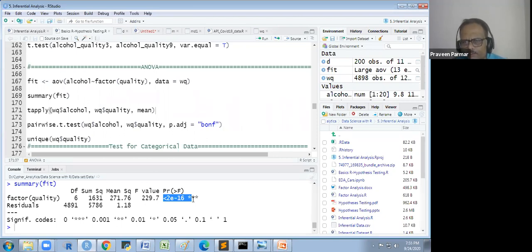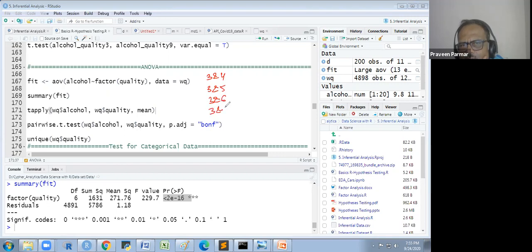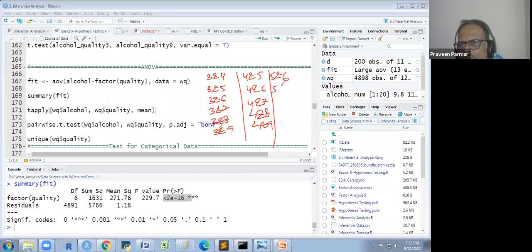We have so many groups here. We have wine quality 3, and it starts from 3 and 4, 3 and 5, 3 and 6, 3 and 7, 3 and 8, 3 and 9. So that is 6 groups. Then 4 and 5, 4 and 6, 4 and 7, 4 and 8, 4 and 9. Then 5 and 6, 5 and 7, 5 and 8, 5 and 9.